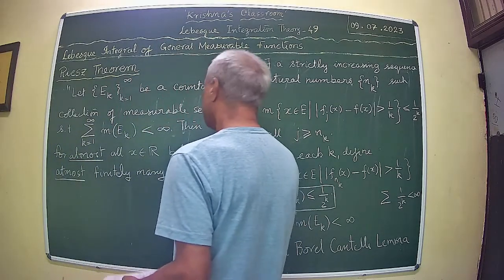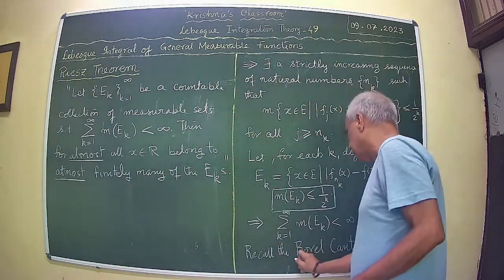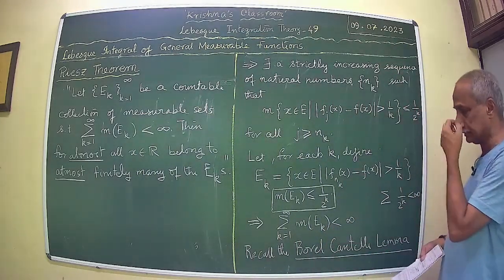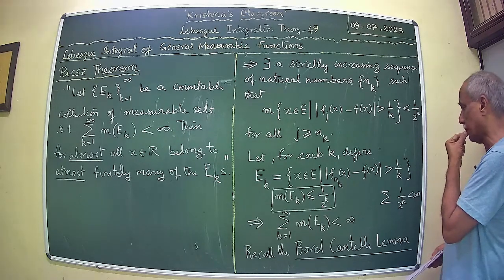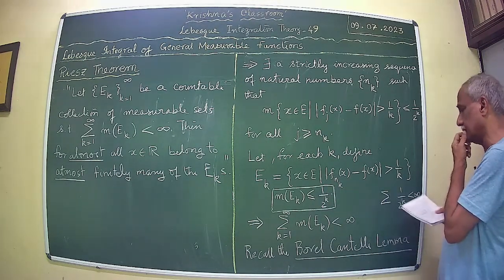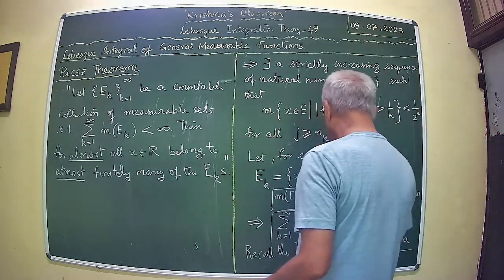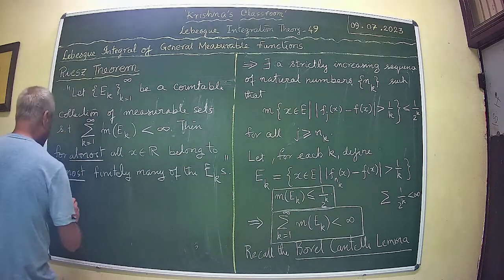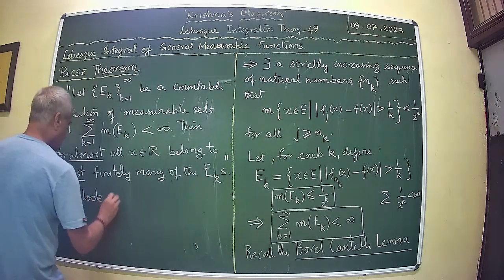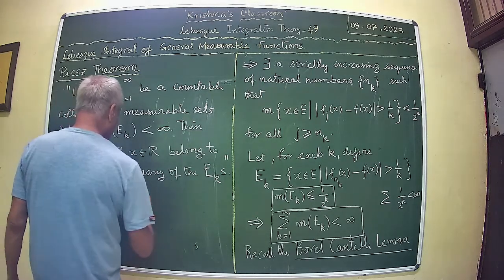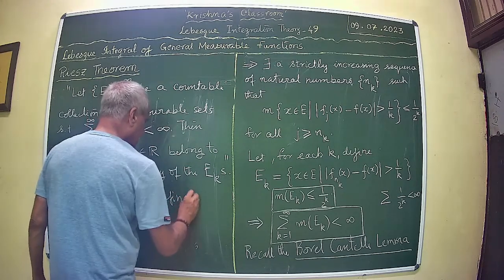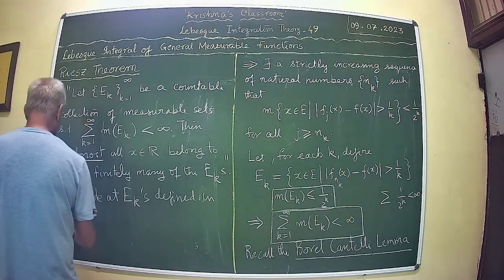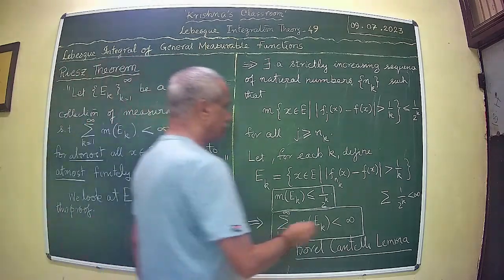Now this is the Borel-Cantelli theorem, and this is a typical scenario where one can apply it, because you see that the measure of Ek is less than or equal to 1 by 2^k, and so the Ek's are such that this particular result holds.